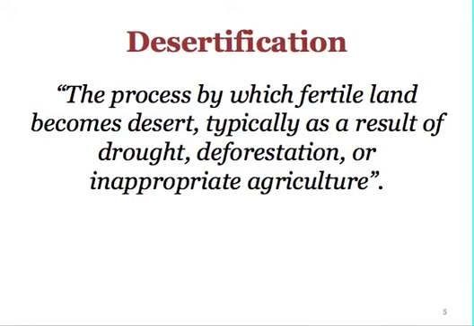So, it is defined as the process by which fertile land becomes desert, typically as a result of drought, deforestation, or inappropriate agricultural practices.